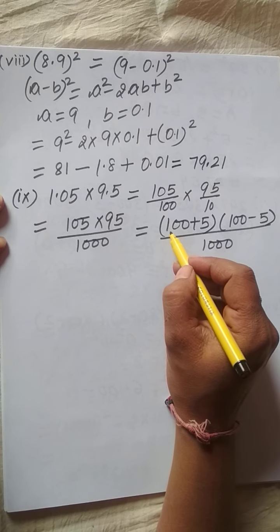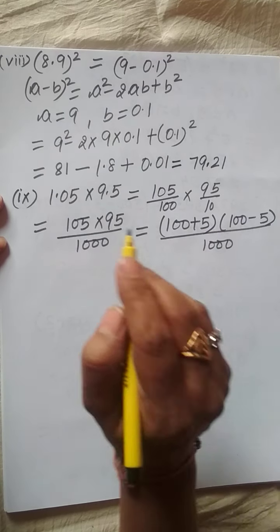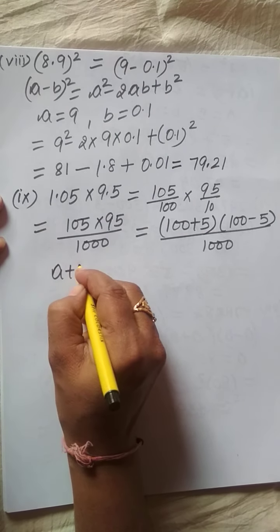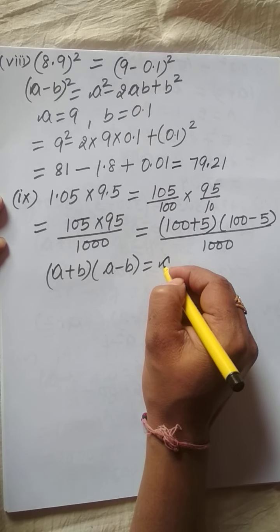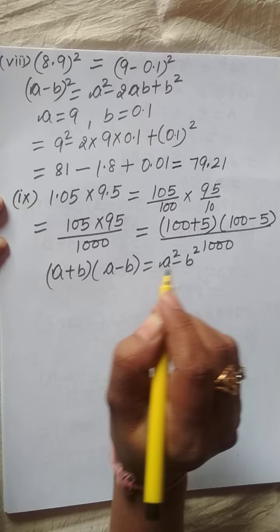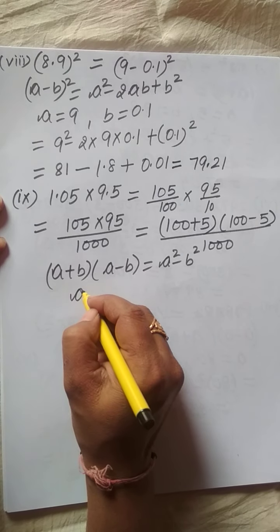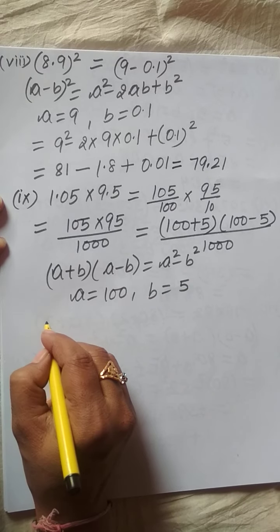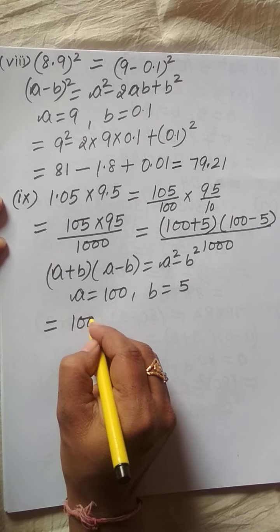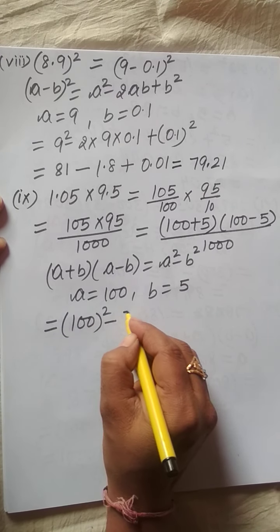Now this is the type of (a plus b) into (a minus b). So (a plus b) into (a minus b) is equal to a square minus b square. The value of a is 100 and b is 5, which is equal to 100 square minus 5 square divided by 1000.